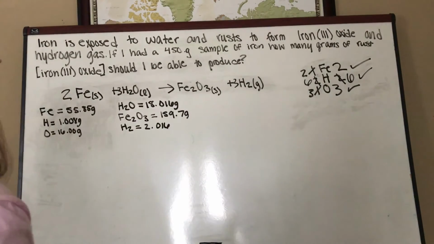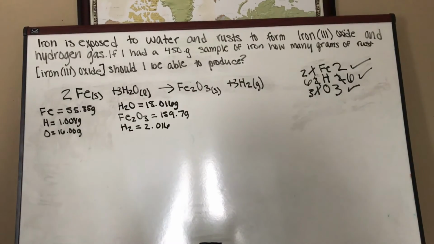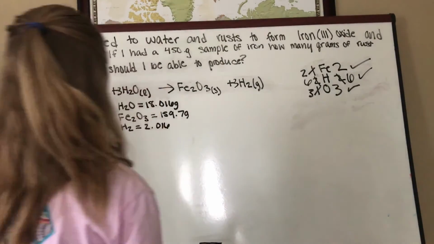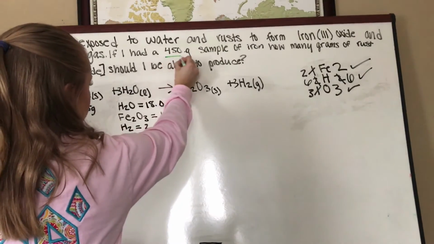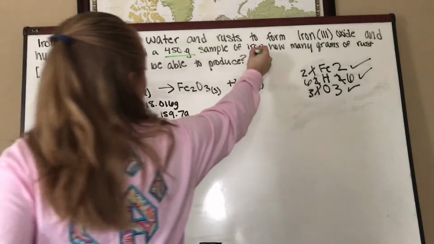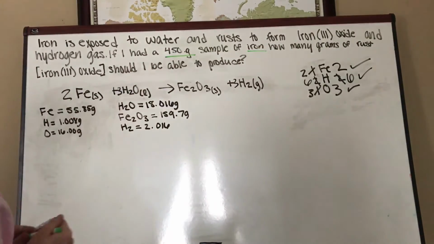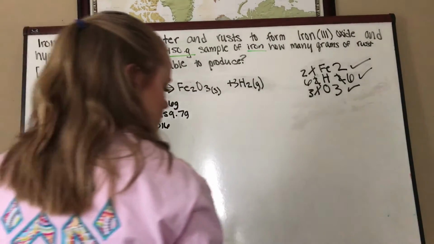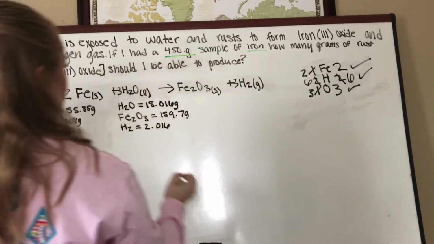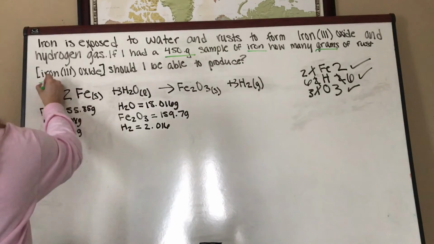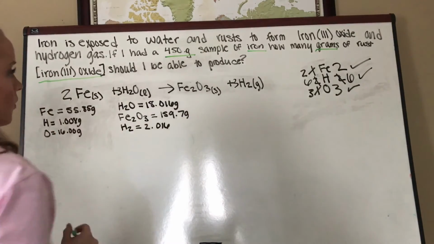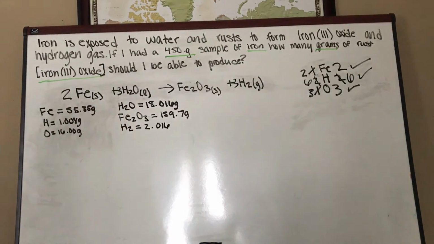Now we want to start solving our problem. To start, we want to start with our given. Our given can be found in the equation, and it's 450 grams of iron. And we're going to end with grams of iron oxide, or rust, if you will.